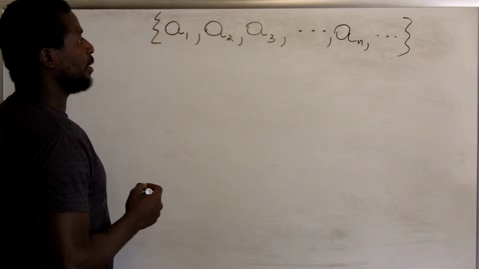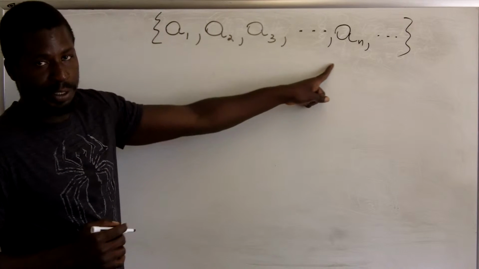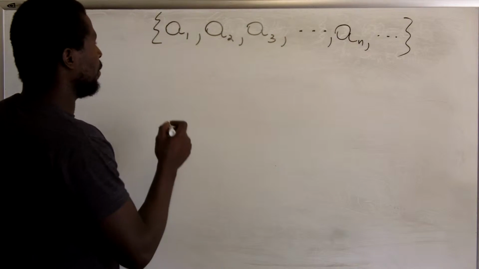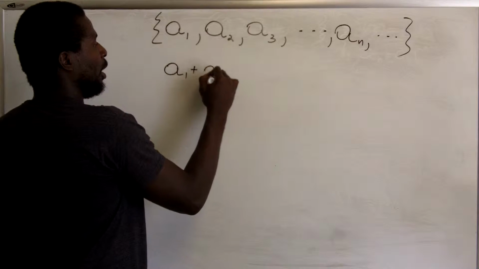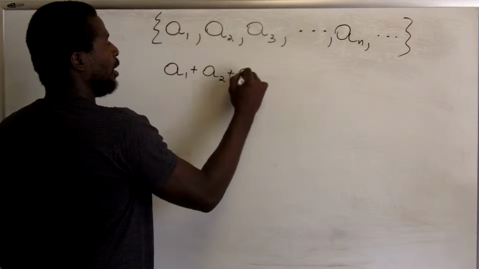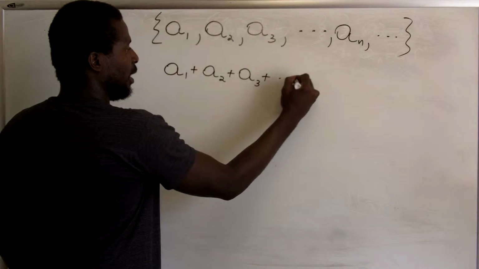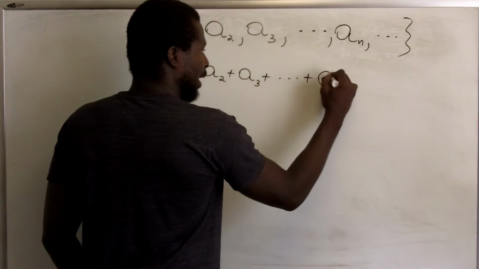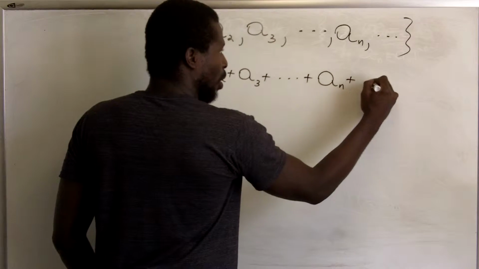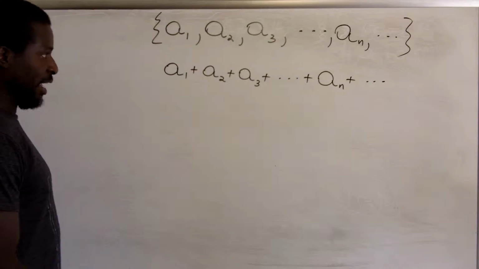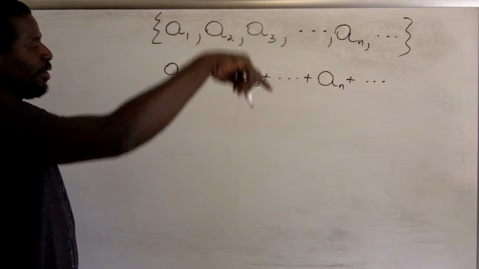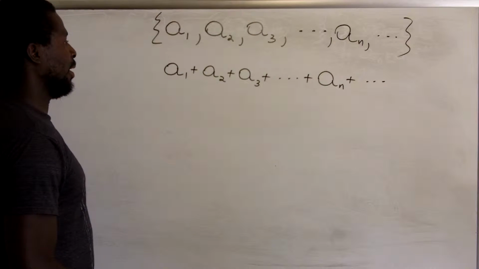If we take the terms of the sequence and we add them up, A1 plus A2 plus A3 plus ... plus An, and we add them all the way up to infinity. We just keep adding and adding and adding.